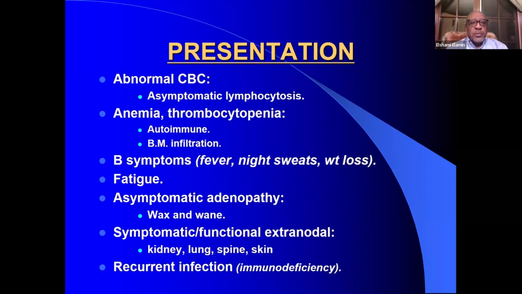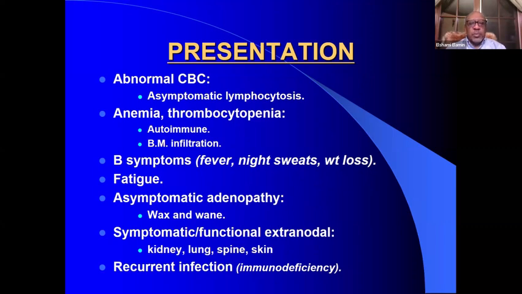It could present with anemia, thrombocytopenia, and the anemia could be autoimmune or due to bone marrow infiltration. The patient may present with B symptoms, fever, night sweats, or weight loss, fatigue, and asymptomatic adenopathy, like in SLL. And usually the patient tells you that the lymph nodes come and go. They wax and wane.